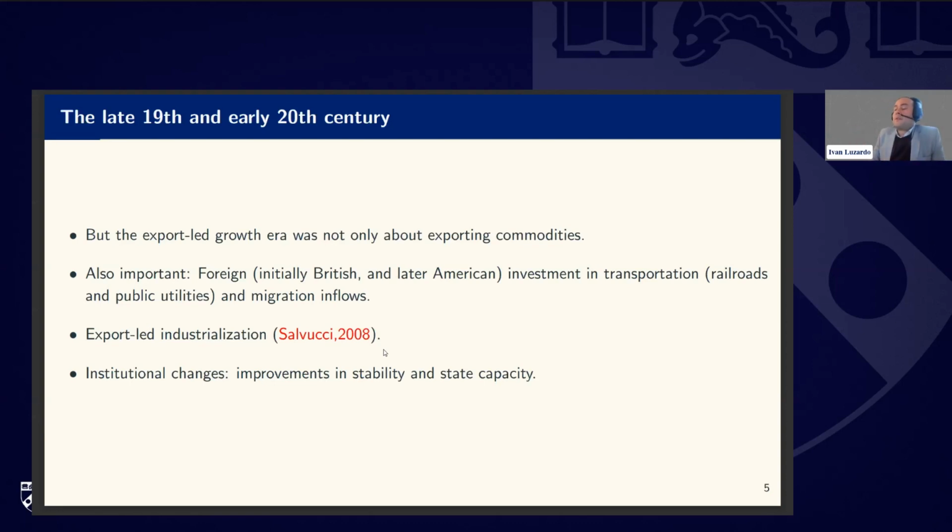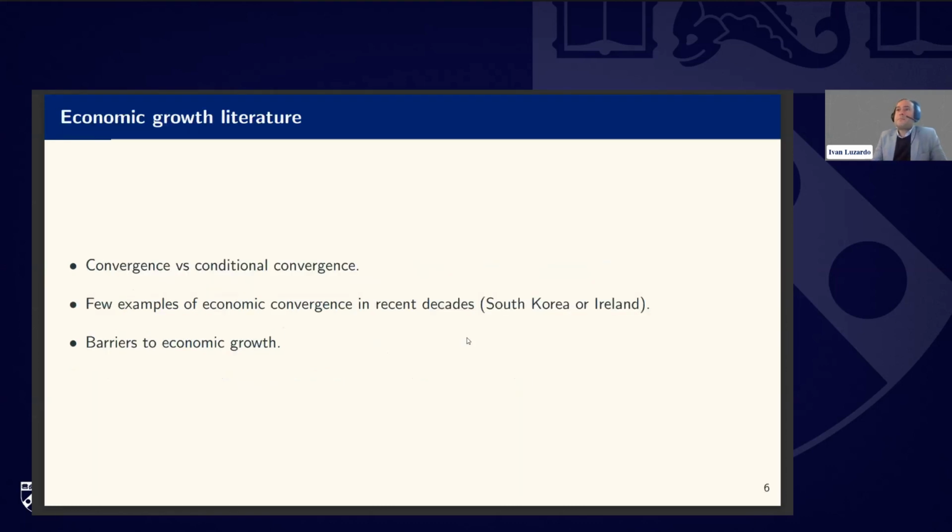But we will explore that part later in the lecture. Nevertheless, it's important to consider that we have more stability, a decline in civil wars, and also an increase in state capacity. Essentially, we can see that revenues via taxation increased in this period in most Latin American countries.